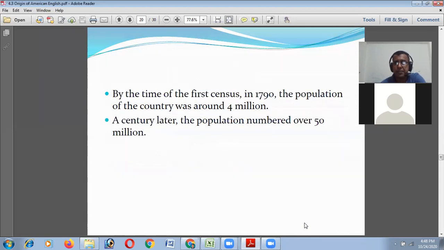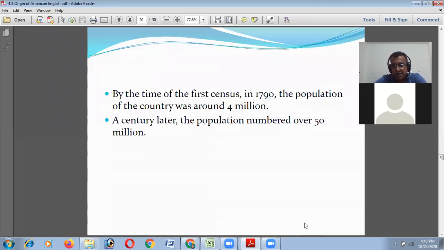By the time of the first census in 1790, after getting independence, the population of the country was around 4 million. In the 1790s the first census of America was held, and we see that the people of America at that time numbered only 4 million. A century later, the population numbered over 50 million.